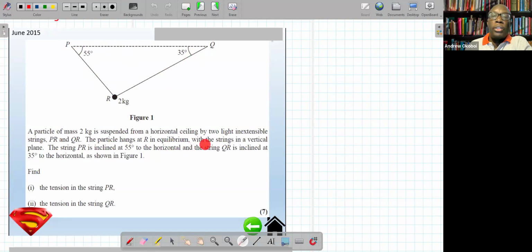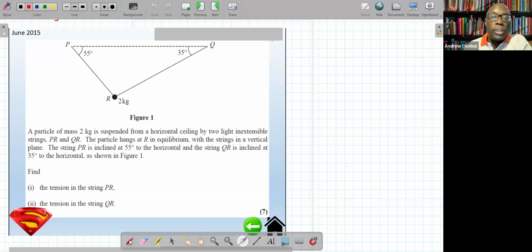It's just static with the strings in a vertical plane. So that means everything is in one plane. The string PR is inclined at 55 degrees to the horizontal and QR is at 35 degrees to the horizontal. Find the tension in the string TPR, so the tension in this one and the tension in this one.